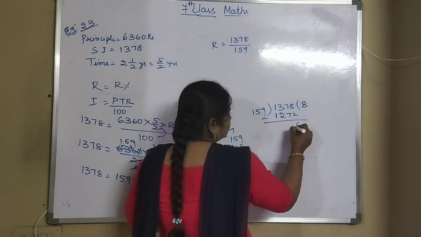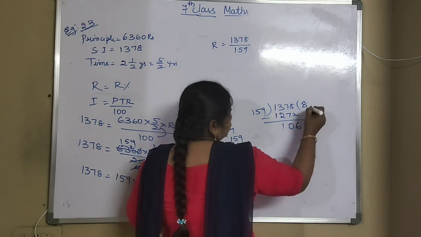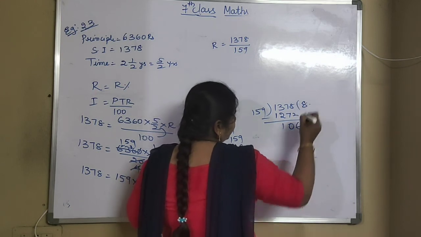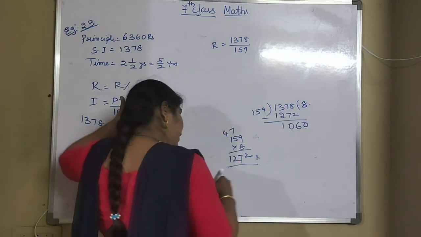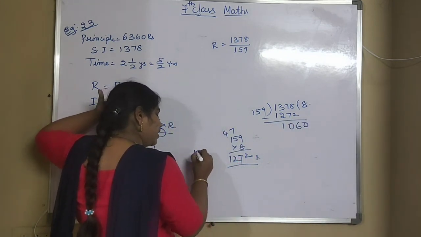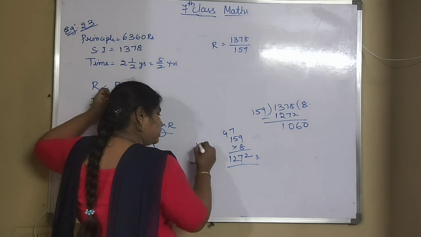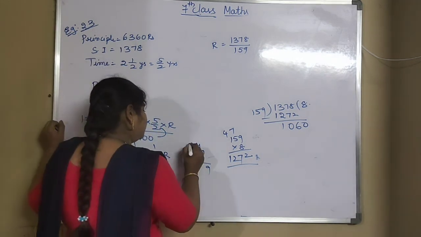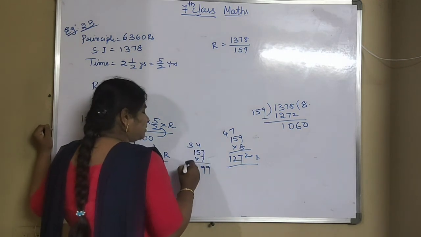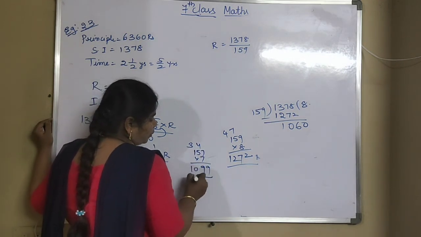So subtract this, 601. So how much will you get here? 0.0 I am taking. So you can take it as 7 times. 7 7s are 49, 7 5s are 35, 39. 7 1s are 7, 7 plus 3 is 10. So you got it as 1097.